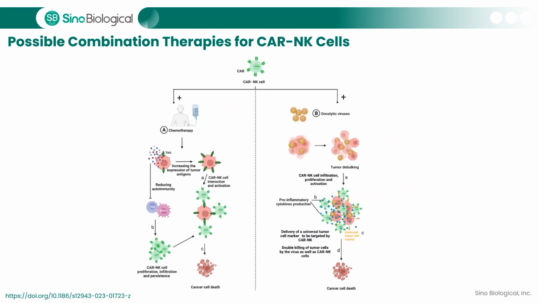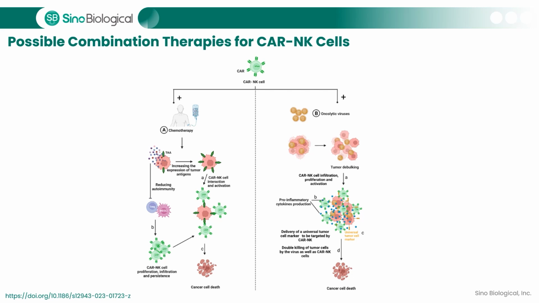Similar to what we discussed in previous slides, a combination of CAR NK cells with other therapy also shows promising outcomes. For example, with the chemotherapy, the upregulation of the tumor-associated antigens on the cancer cells further enhances the CAR NK cells' interaction with the cancer cells and promotes their cytotoxic activity.